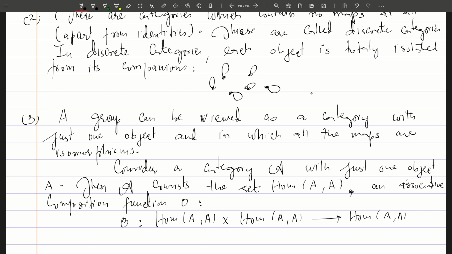And so it consists of the set home AA, the composition function O, and a two-sided unit, a function 1 sub A, which belongs to home AA.